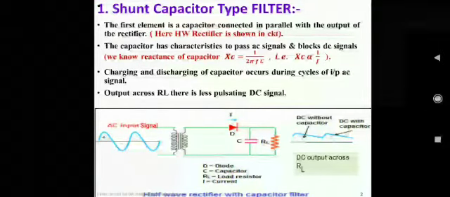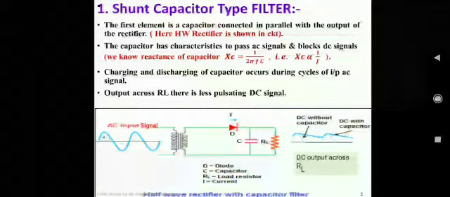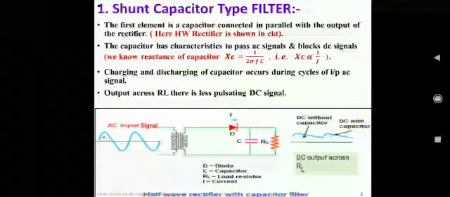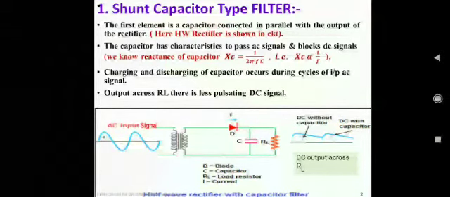The AC signal has a frequency, so it is passed through the capacitor, and the output of the rectifier has a DC signal. We know the frequency of the DC signal is 0 hertz, so the capacitor will give high reactance or high opposition to the DC signal. So the output of half wave rectifier, which is a pulsating DC or a DC nature we say, is blocked by capacitor, and of course that will pass through the load resistance.